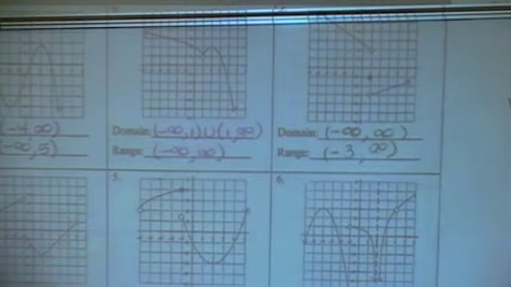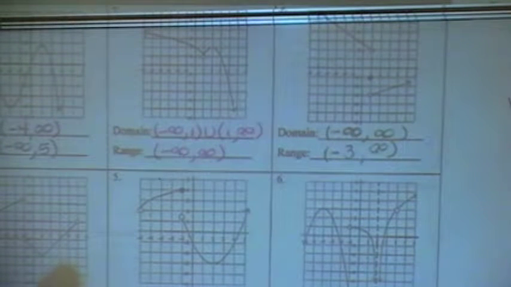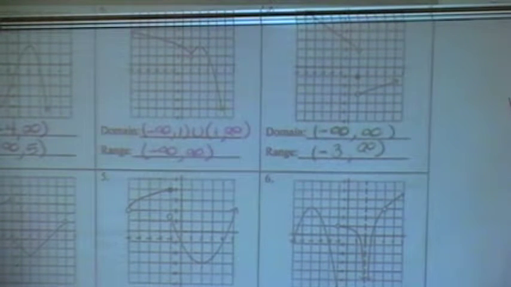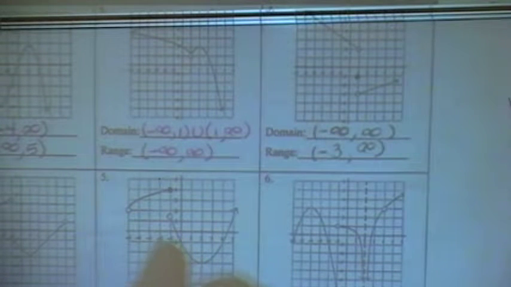And this one goes negative infinity to, I'm going to estimate 3.5, and that's an open dot. So far, is everybody okay? Any questions so far? Let's see. This one goes -5 to infinity.